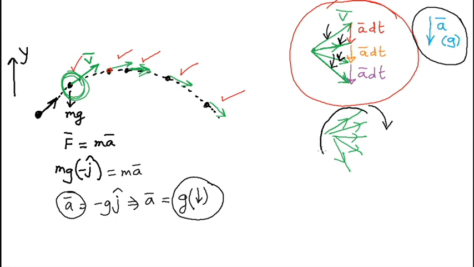If you look at any one of these velocity vectors, none of them is actually parallel to the acceleration. And so hopefully this particular example will help to develop confidence in the concept that the acceleration of a particle need not be parallel to the particle's velocity.